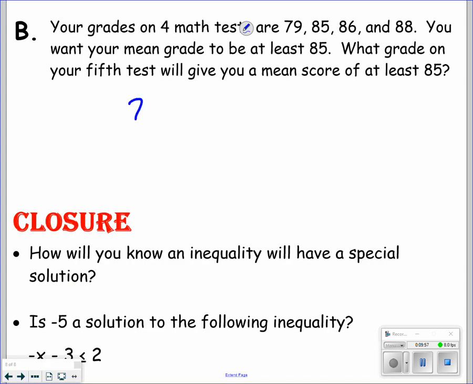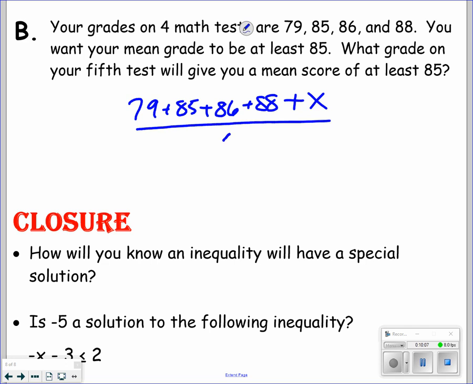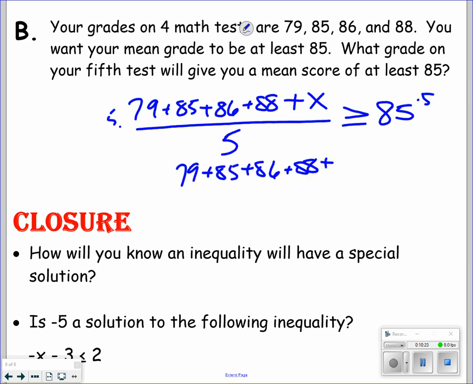So 4 tests: 79, 85, 86, 88, and x. I don't know what I'm going to get on my last test. Divide that by 5 because there are 5 tests, and I want at least, so greater than or equal to 85. Now, multiply both sides by 5 and get 425.